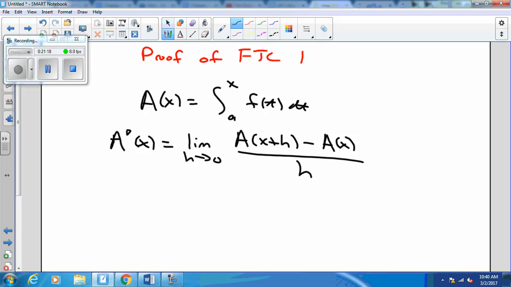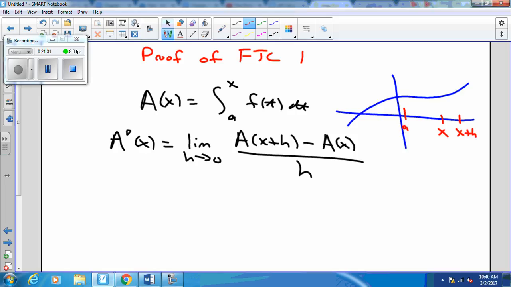Okay. Well, what does this look like? Picture. Here comes f. Here is a. Here is x. And here is going to be x plus h.